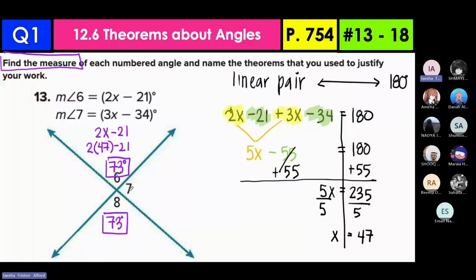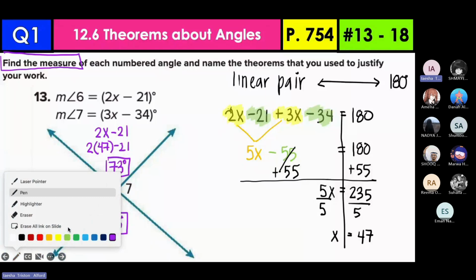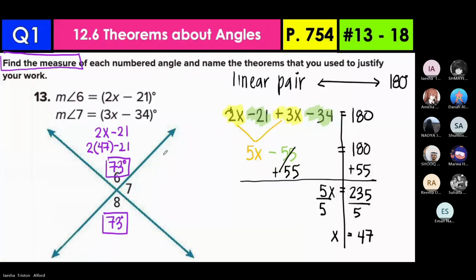Then we have to find the measure of angle 7. 2 ways we can do it. What's one way you can do? 3 multiplied by 47 will give us 141. Subtract 34 will give us 107. Right? So you can do that. Anybody have another way?